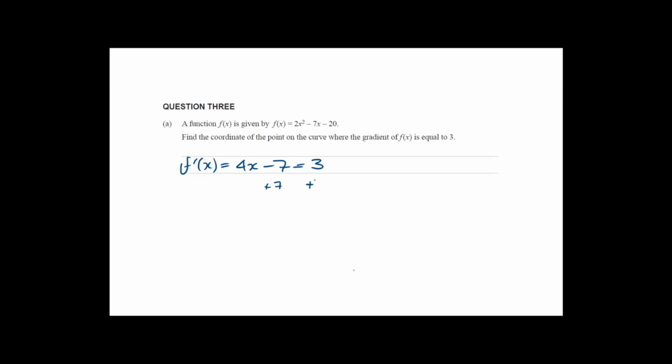So I'm going to add 7 to both sides. 4x equals 10, so x must be equal to 10 over 4, which is 5 over 2, which is 2.5, however you want to do it. Okay, fair enough.